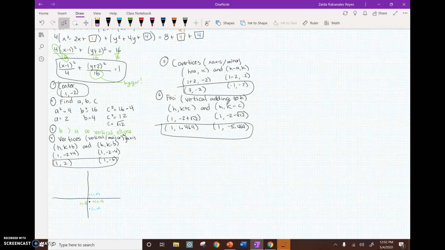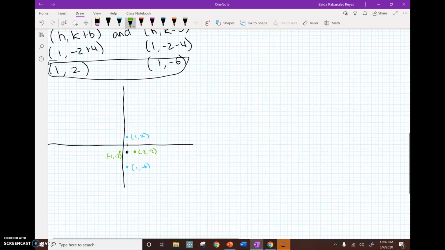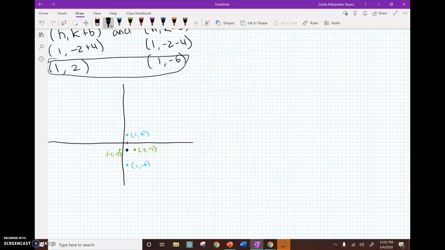Yeah, co-vertices was 3 comma negative 2 and negative 1 comma negative 2. So great. The only one you have to do the math is always the foci point. But this is an easier way to find the vertices and co-vertices.